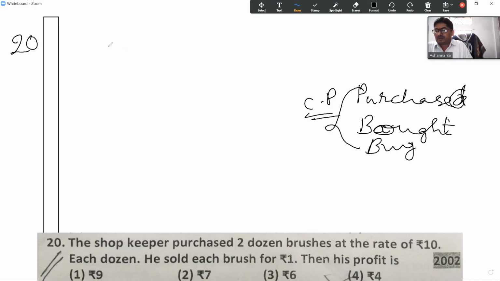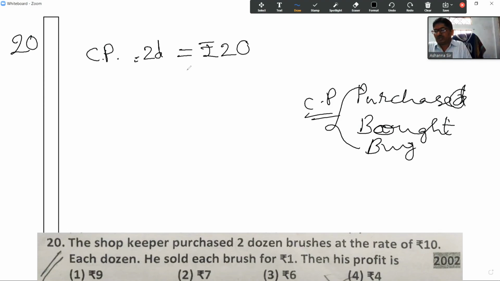So here the cost price of 2 dozen brushes at the rate of 10 rupees each dozen. So 2 dozens, how much? 2 tens are 20 rupees, cost price.